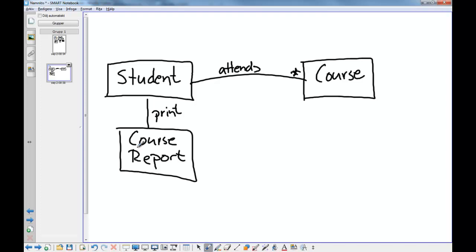However, this concept is just a report over information that is already present in the model. You can get the courses by just using this relationship between student and course. And while the course report is a physical thing in reality, it is something you get, it is just a report over the information.